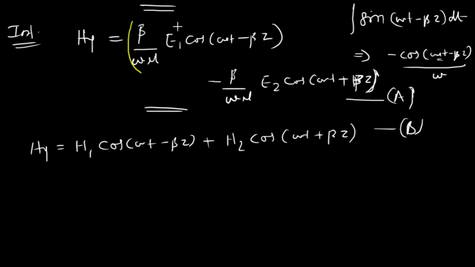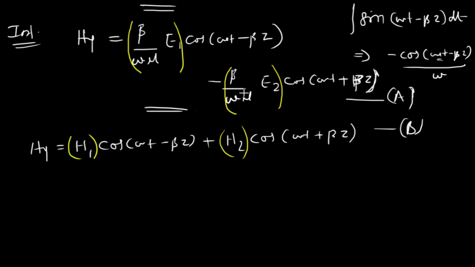Beta by omega mu E1 is in the place of H1, and beta by omega mu E2 is in the place of H2. I am neglecting this sign because I have differentiated, and this negative sign indicates that it is in the opposite direction.